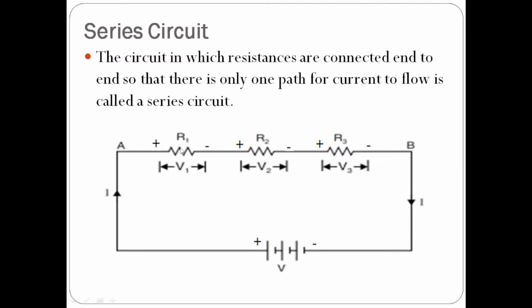In general language, if they are connected in a straight line, we can say they are connected in series. But connecting in a straight line is not the exact definition of series connection. First, the finishing end of one element should be connected to the starting end of the other element.